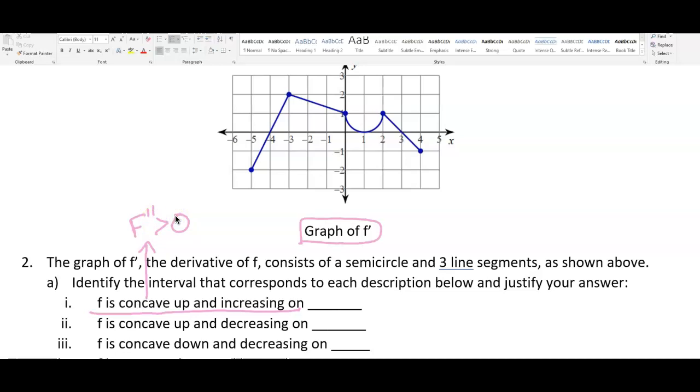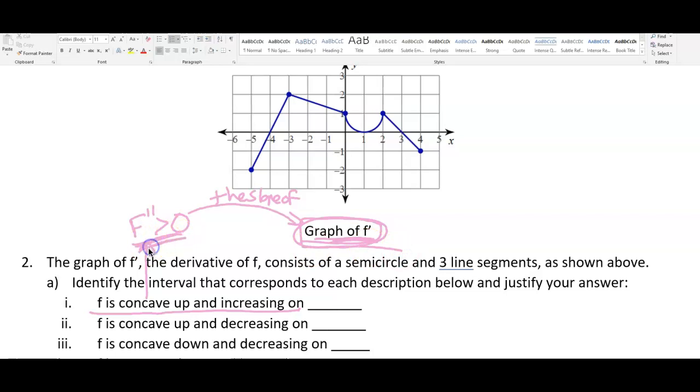But now we have to remember the second derivative is the derivative of the first derivative. In other words, this is the slope of our graph. So f double prime is the slope of the graph that we have.